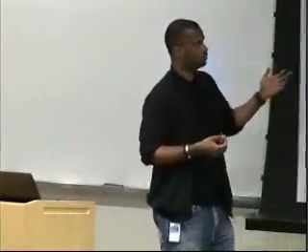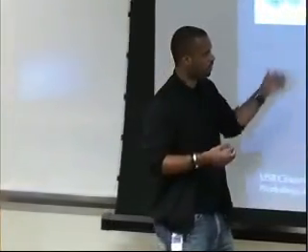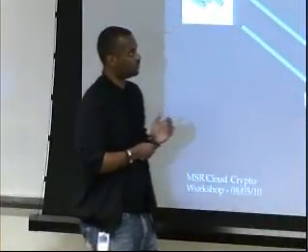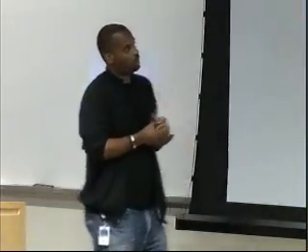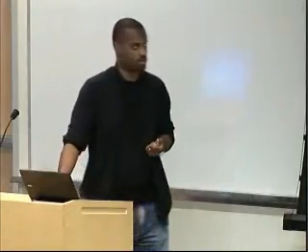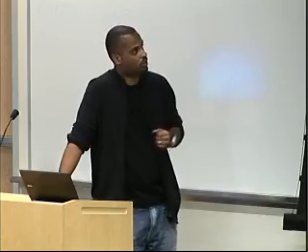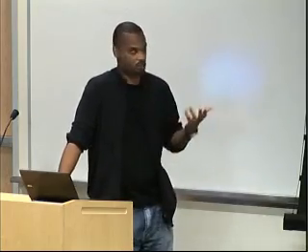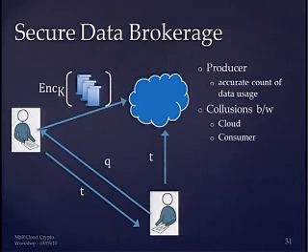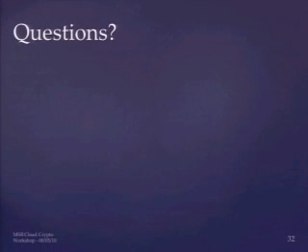Okay, and if you do things this way, as long as the producer is willing to remain online and send tokens around, the producer has a stronger guarantee than what's available now. In particular, he can actually get an accurate count of which queries are made or how many queries are made on his data, and this is even if there's collusion between the cloud and the consumer. So, okay, that's pretty much it.